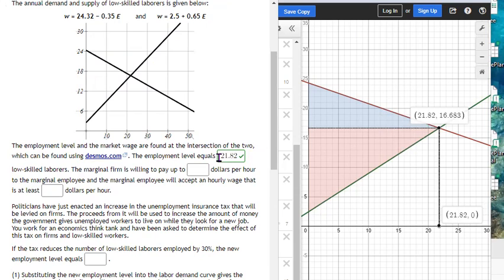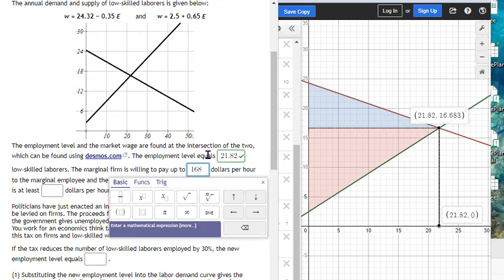The marginal firm is willing to pay a wage of 16.68. That's the maximum they're willing to pay this last worker hired, and that just happens to be equal to the market wage. So this marginal firm is indifferent between hiring this last worker or not hiring them. So that's 16.68.